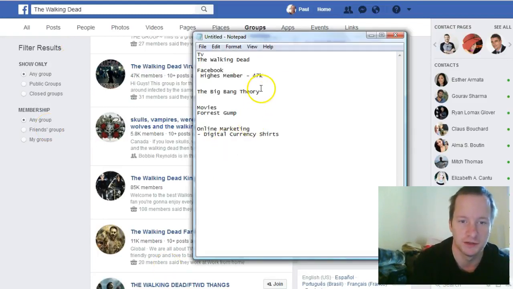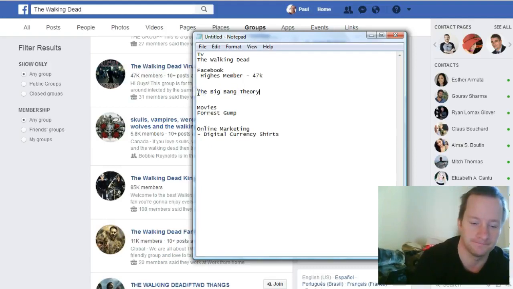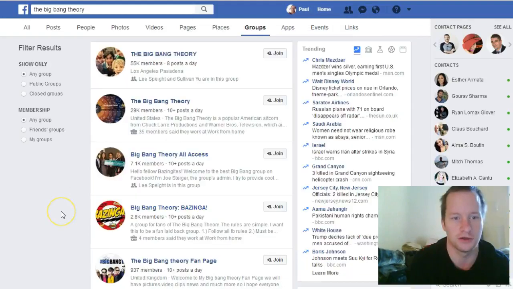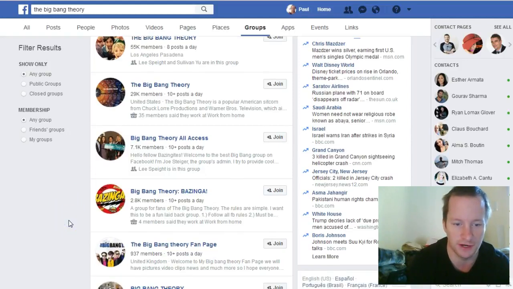We got The Big Bang Theory. Let's see how popular The Big Bang Theory is on Facebook. Okay, so we can see that The Big Bang Theory has a group of over 55,000 members in there. I think that's the highest number there, 55,000.